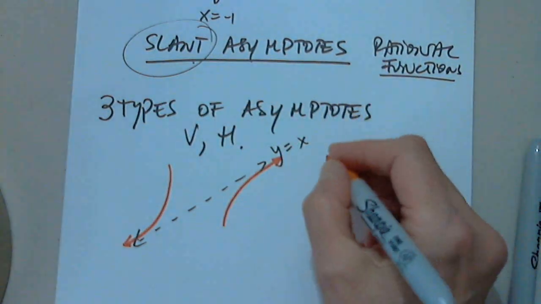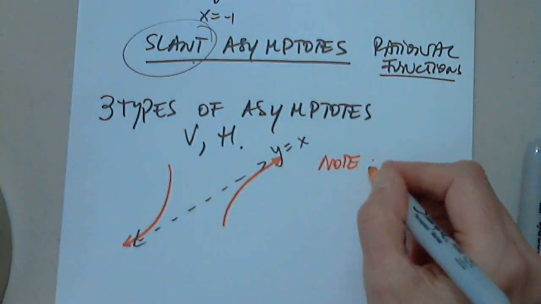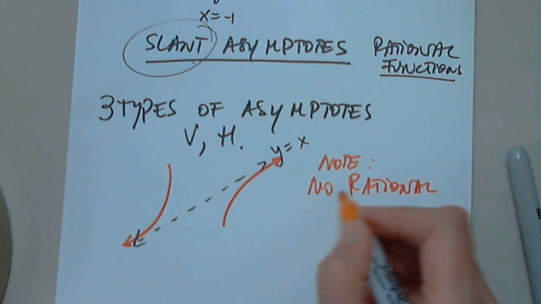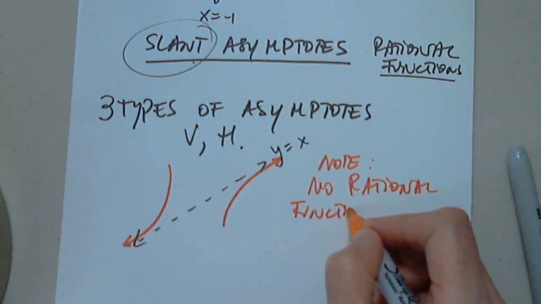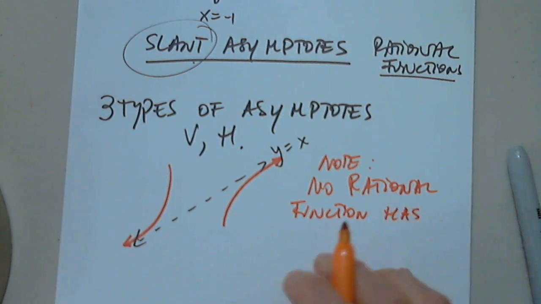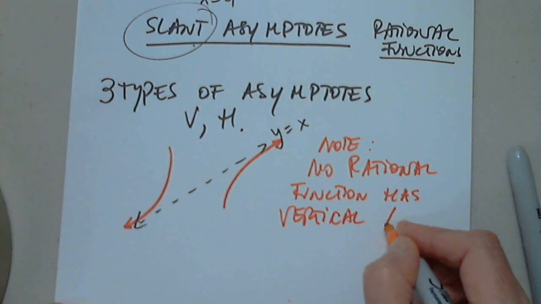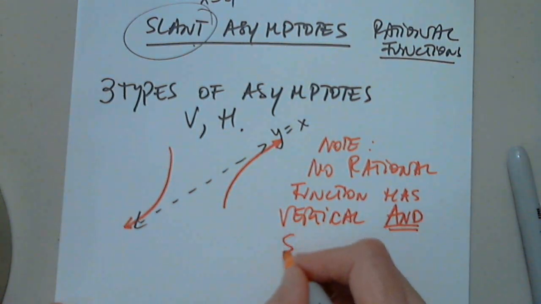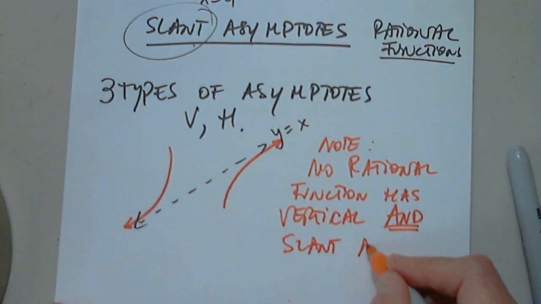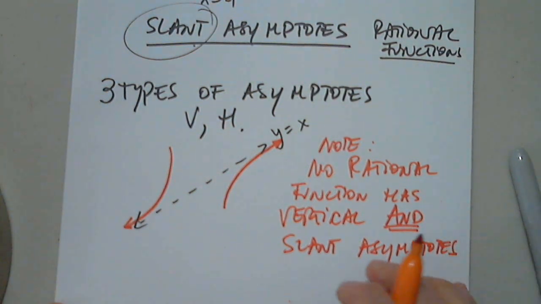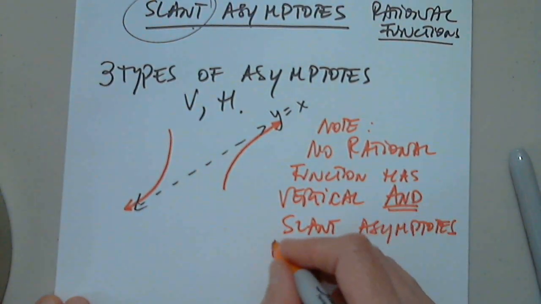And one other note. No rational function has vertical and slant asymptotes. No, one or the other.